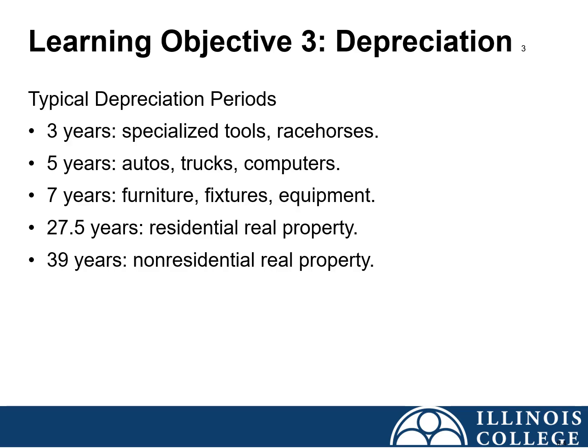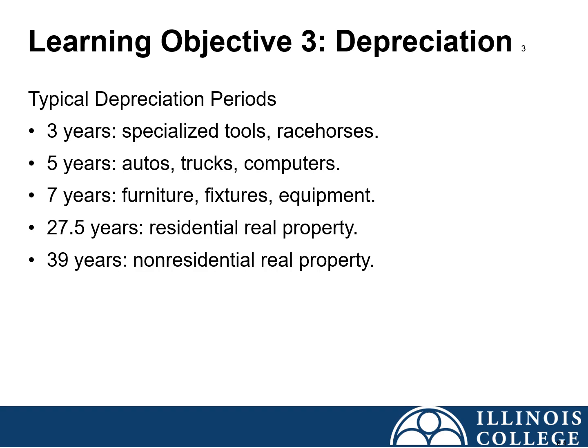Now let's look at some common recovery periods. You don't need to memorize everything, but you should recognize the patterns. Short life assets, so things that wear out quickly, have shorter recovery periods. For example, 3 years for specialized tools, 5 years for things like autos, trucks, and computers, 7 years for furniture and equipment.